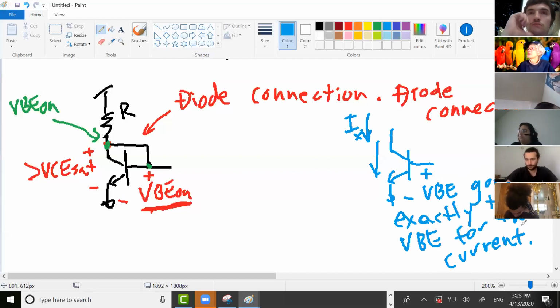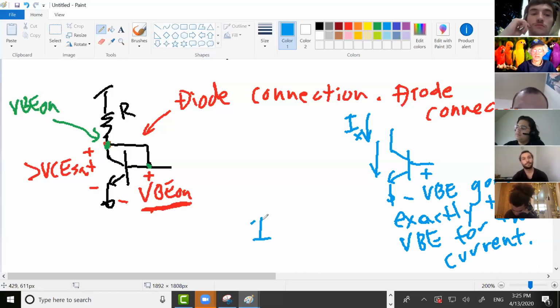So far when you've looked at transistors, you've set the VBE and figured out the current, but it turns out if you force current through a transistor, the VBE will go to the correct VBE for that current without a voltage supply or anything.